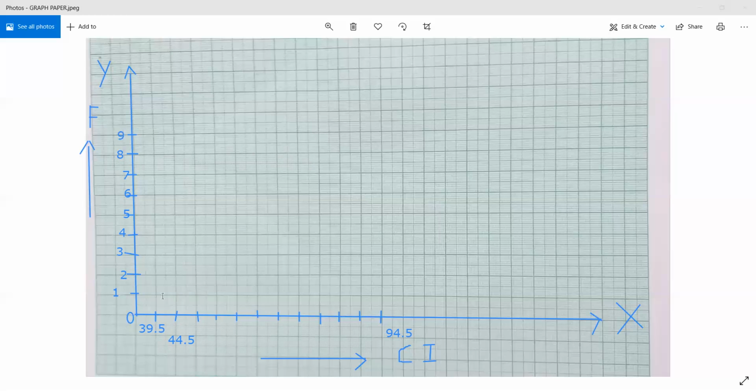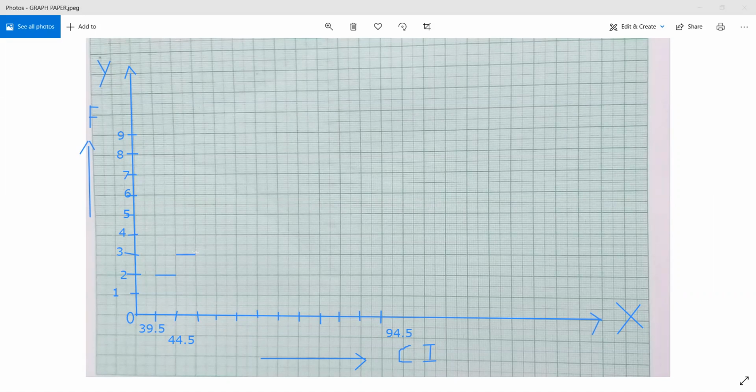All right. So then now we will put the points. For the first class, 39.5 to 44.5, the frequency is how much? 2. Okay, if you look into the table. So I will put this 2 here. Okay, then the second class is 3.